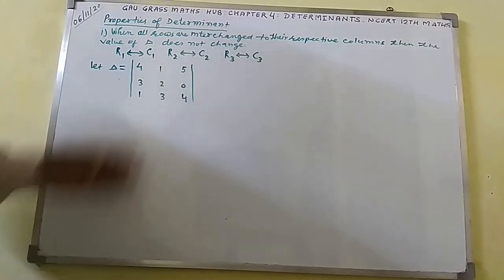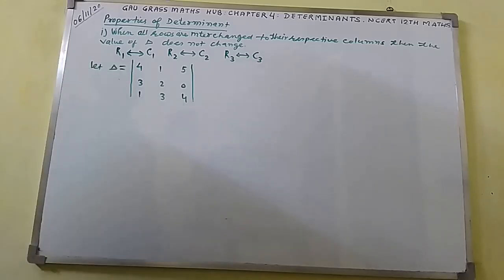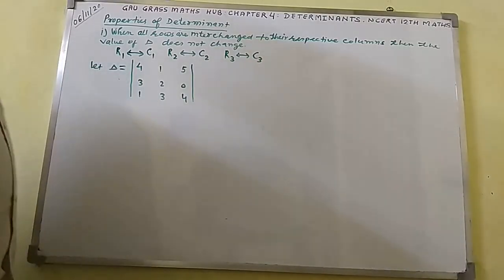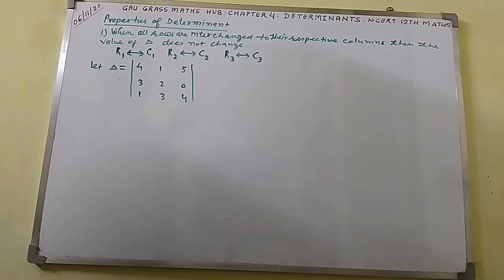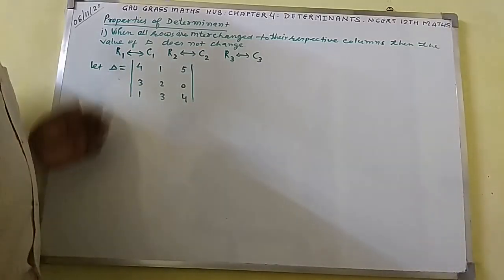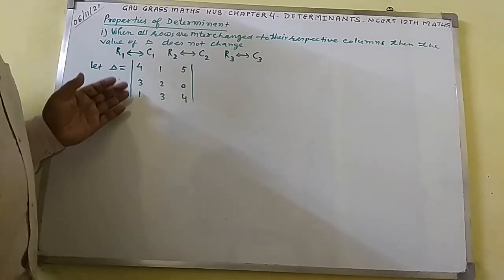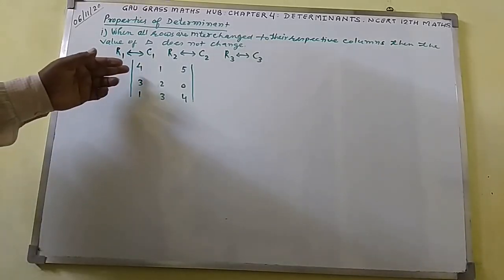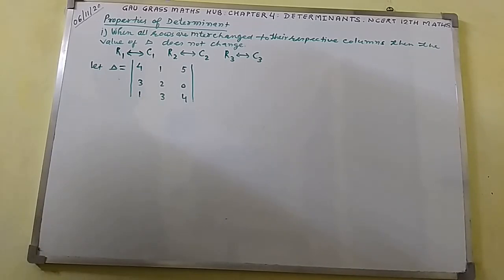This determinant I have taken, and I will get its value with the help of determinant expansion. Here I shall expand this determinant column-wise. I shall take the first column for expansion.